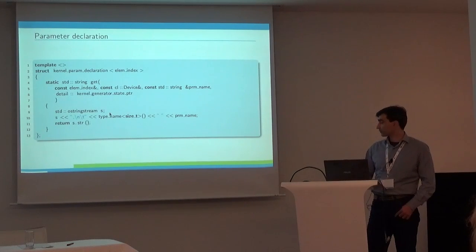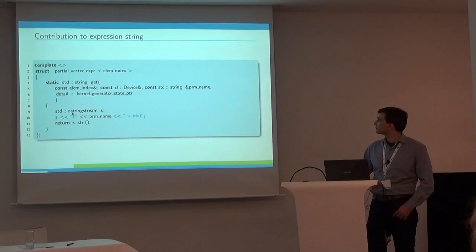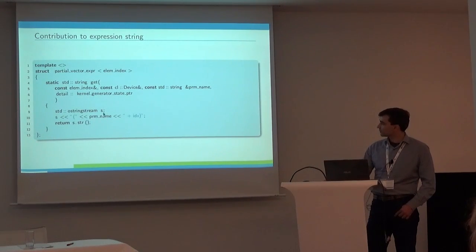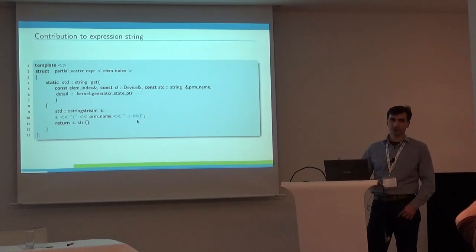We feed it to the kernel. Yes, and when we build an expression string, we just output its parameter name to the expression, the offset, right? And then we sum the offset with the index of the current element inside the kernel.